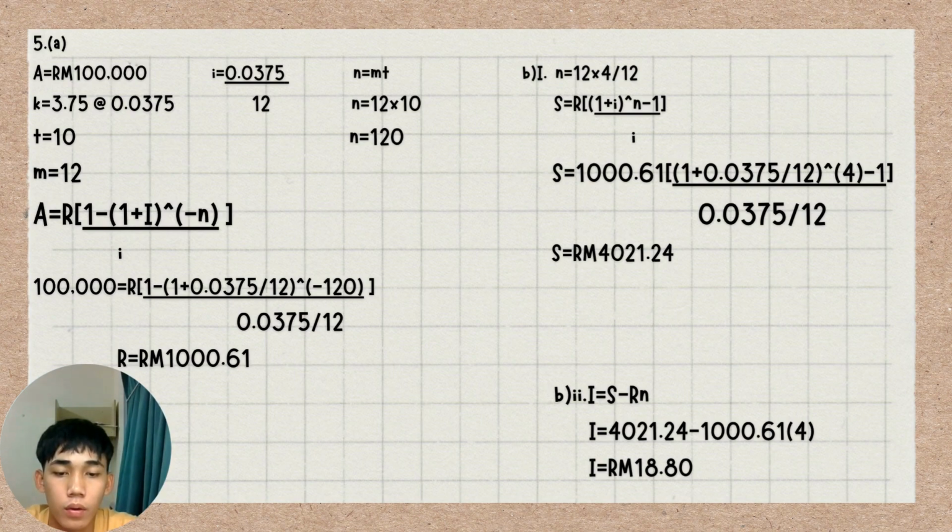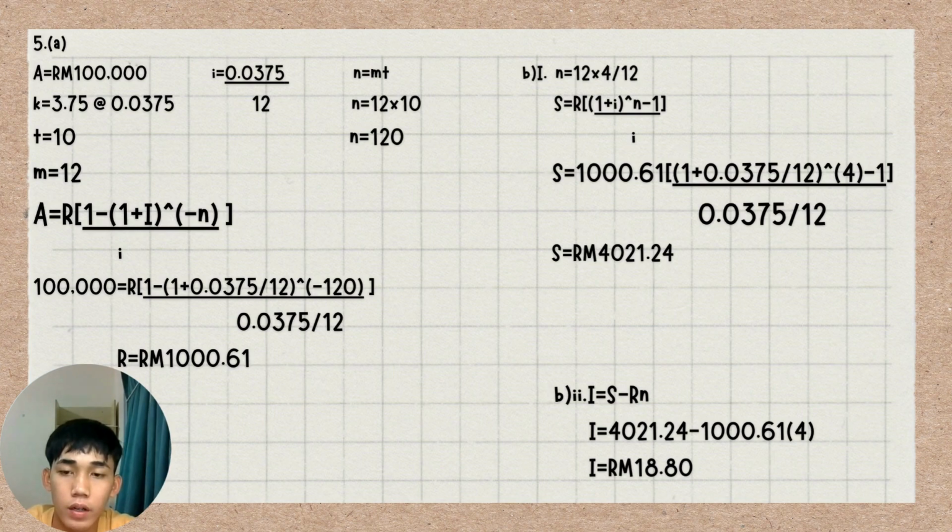Now, the situation is she should pay her installment on month 4 to maintain her payment schedule. So from the situation, we know the value of n is 4 because she pays her installment on month 4.